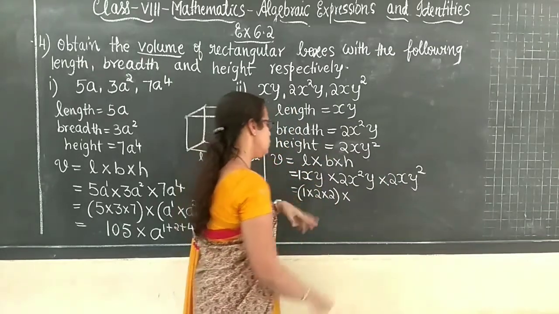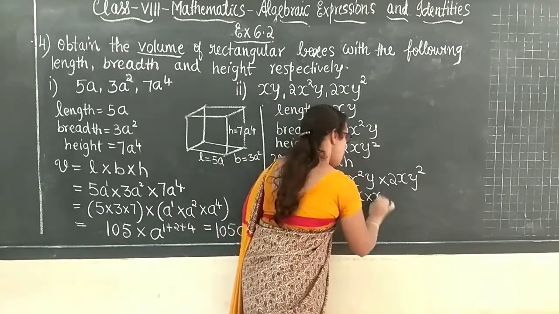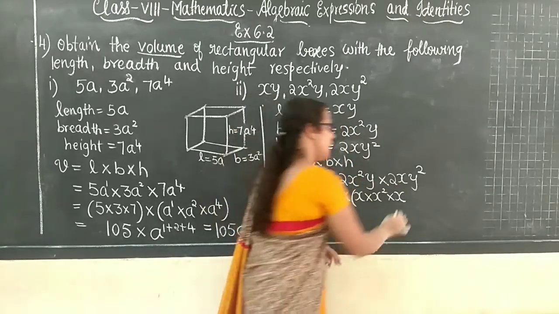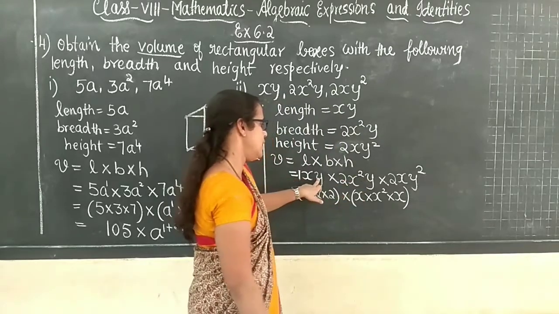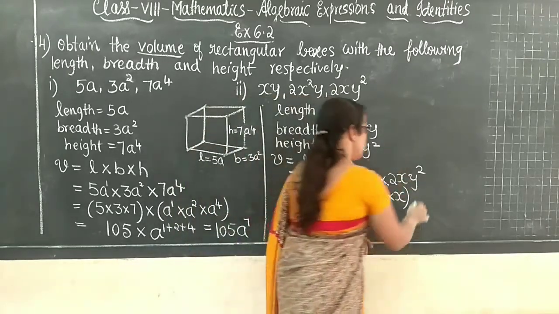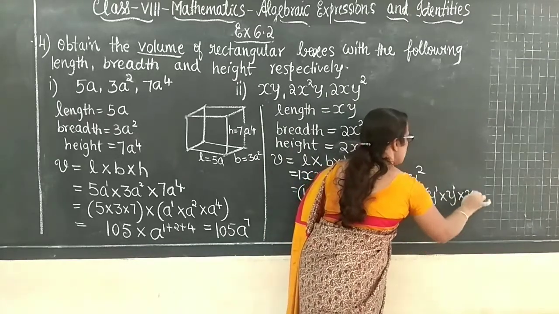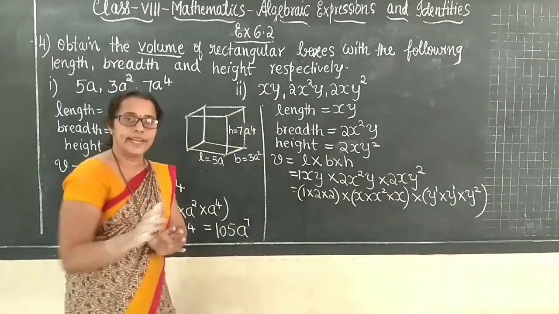Okay children, now see here, I will write x. Here x square, here x. Like this also you can multiply, any way to multiply. So y one time, y 2 times. Write together. You will feel it is very easy if you separate it and write.